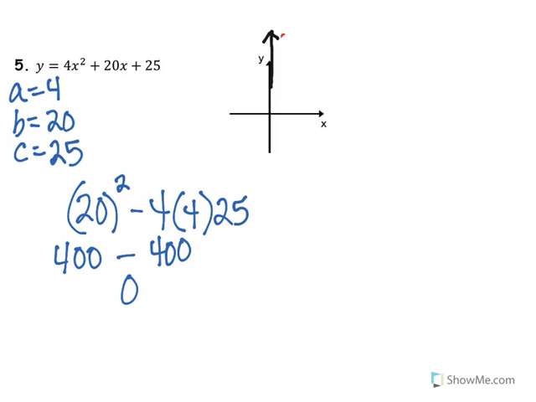So if it's going to hit at 25 and it's super skinny, it might be like that. And you guys, 4 is considered a large number when we're talking about quadratics and parabolas. So that's going to be super skinny. I might not even have made it skinny enough. Okay?